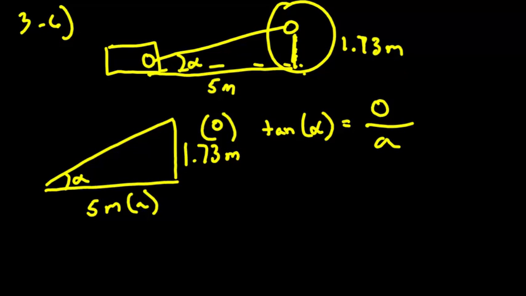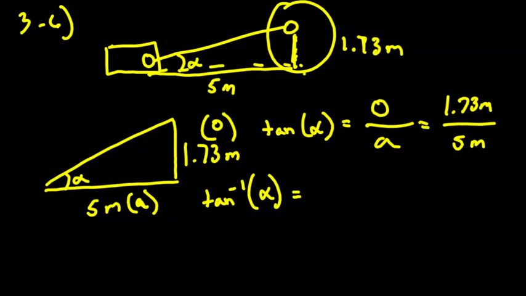So now how are we going to find this? We have these two known values. We have the opposite, which is the 1.73 meters, and the adjacent side, which is 5 meters. In order to find this angle now, we're going to do the inverse tangent of 1.73 meters over 5 meters.